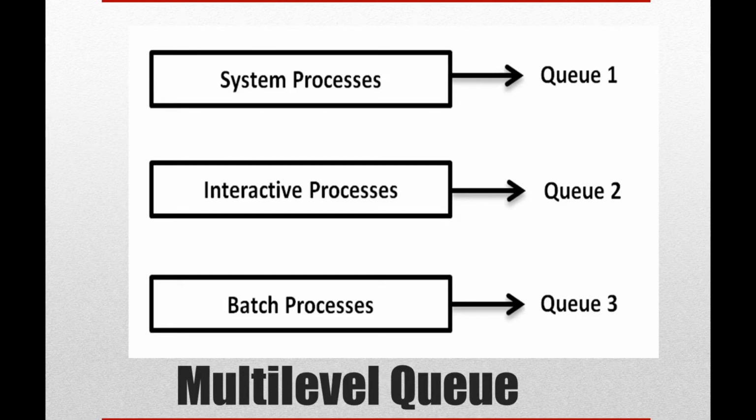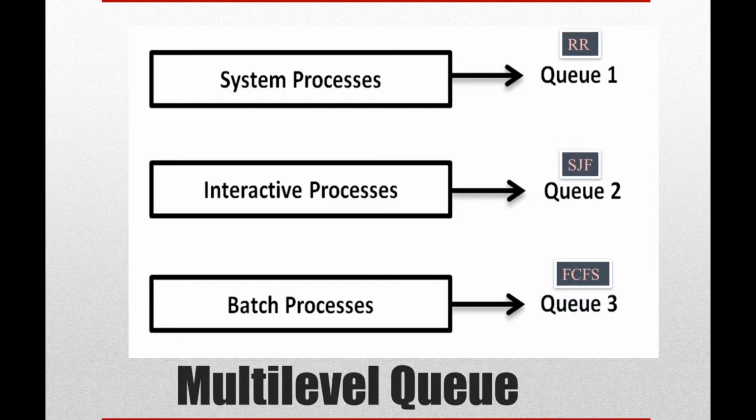I also mentioned that each queue has its own scheduling algorithm. So for example, Q1 might use round-robin algorithm, Q2 might use shortest job first algorithm, and Q3 can use first come first serve to schedule their processes.